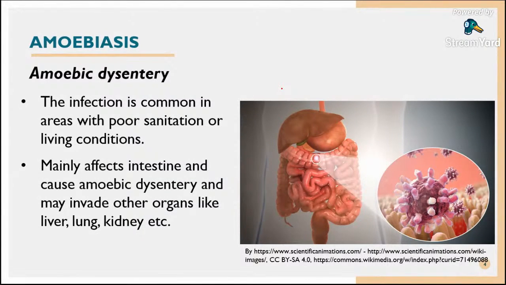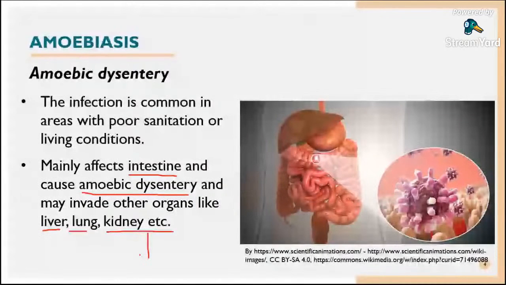Most of the time, this amoeba affects the intestine, due to which it causes amoebic dysentery. Sometimes, apart from the intestine, this amoeba can invade other organs such as the liver, lungs, and kidney. That infection is called extra-intestinal infection.